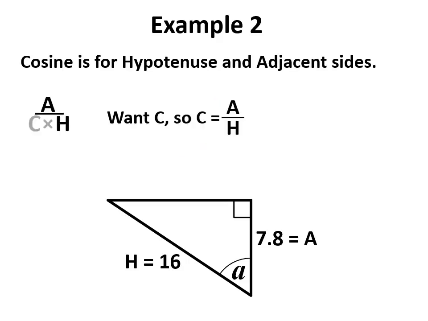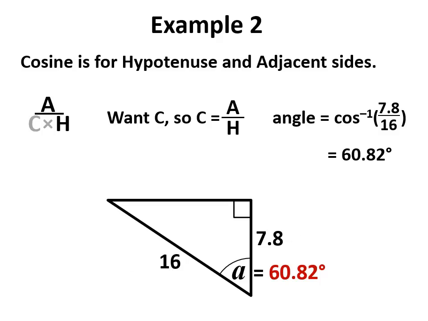So C is A divided by H. Stick it into the calculator, inverse cos of the A, 7.8, over the H, 16, and we get angle A is 16.82 degrees.